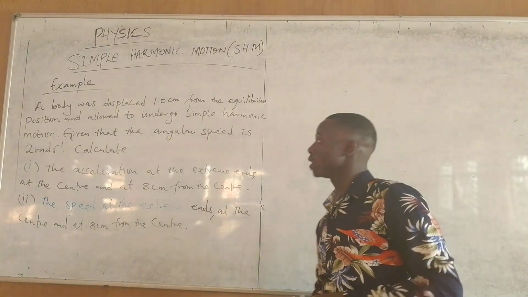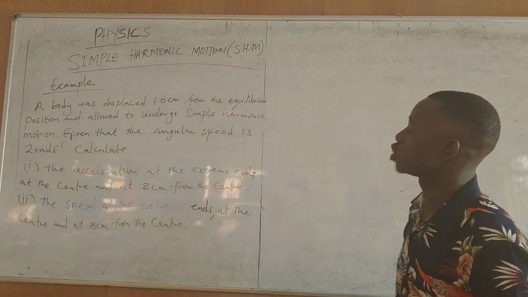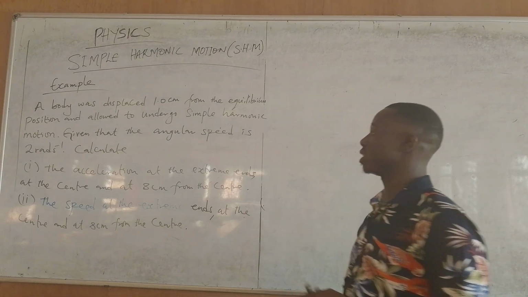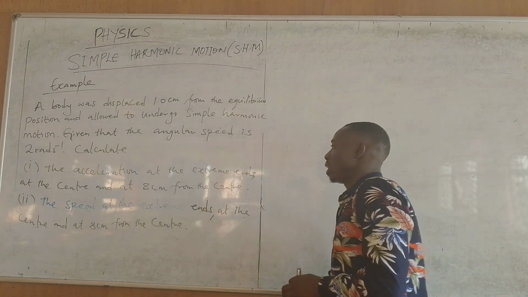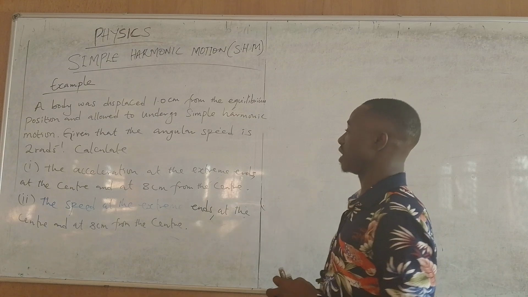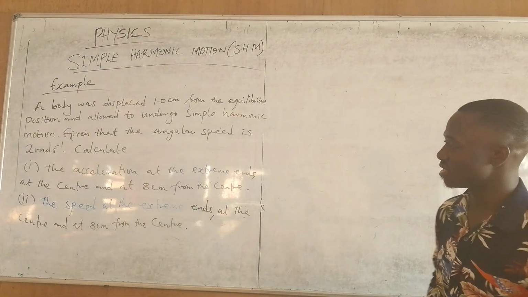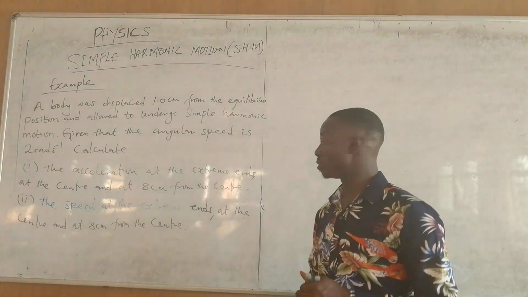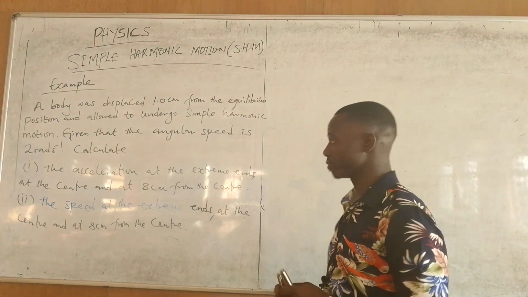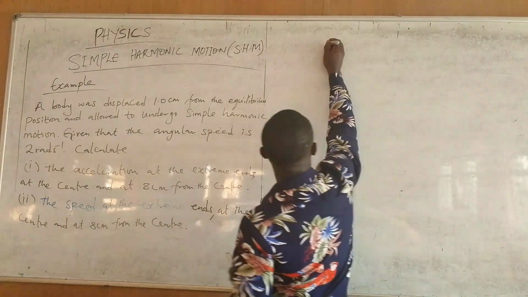Given that the angular speed is 2 radians per second, calculate 1. The acceleration at the extreme ends, at the center and at 8 centimeter from the center. Okay. Solution.